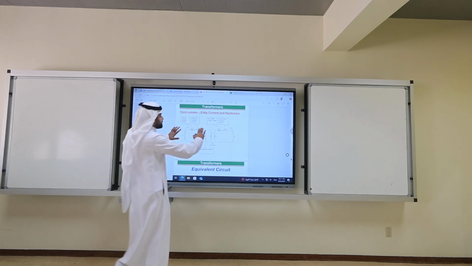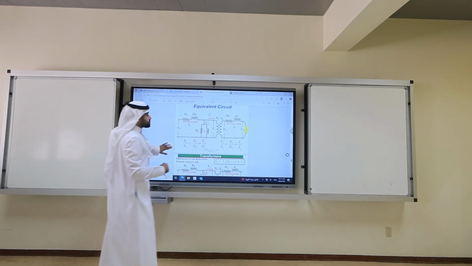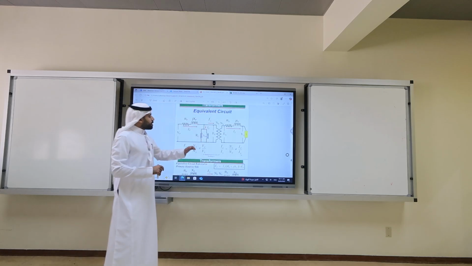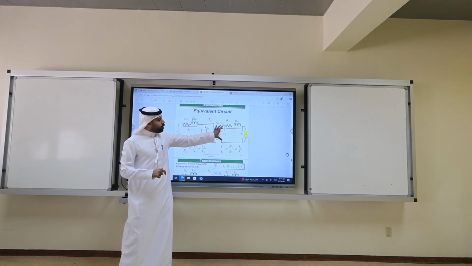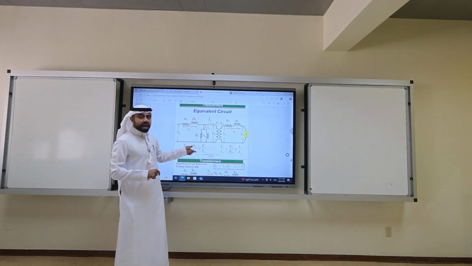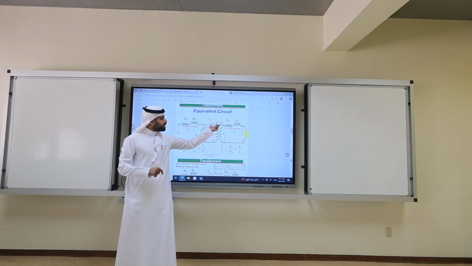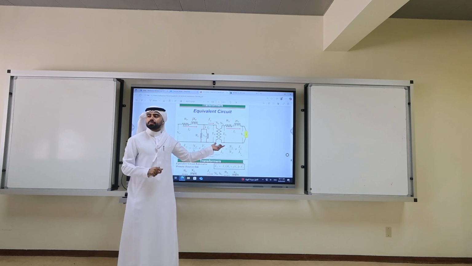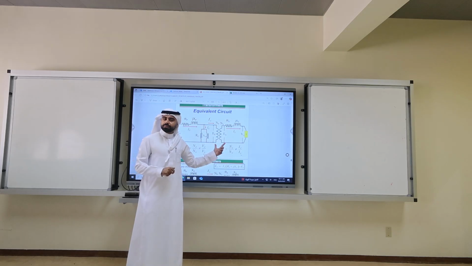Keep in mind that the relationship EP over ES equals A, where A is NP over NS, is only applicable in the ideal part of the transformer. This is the ideal part.